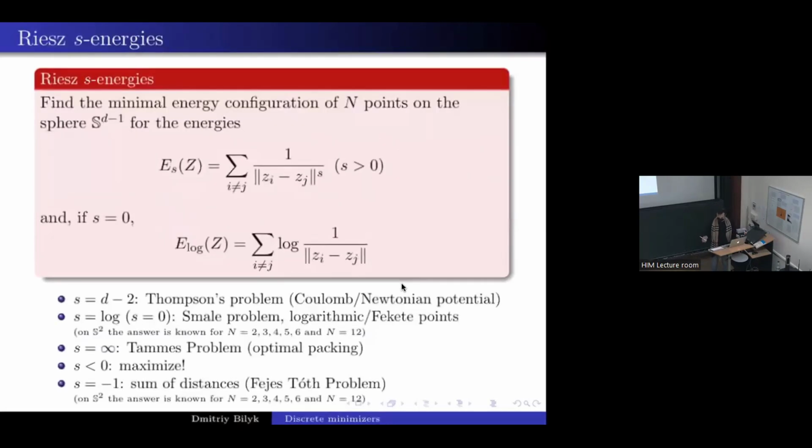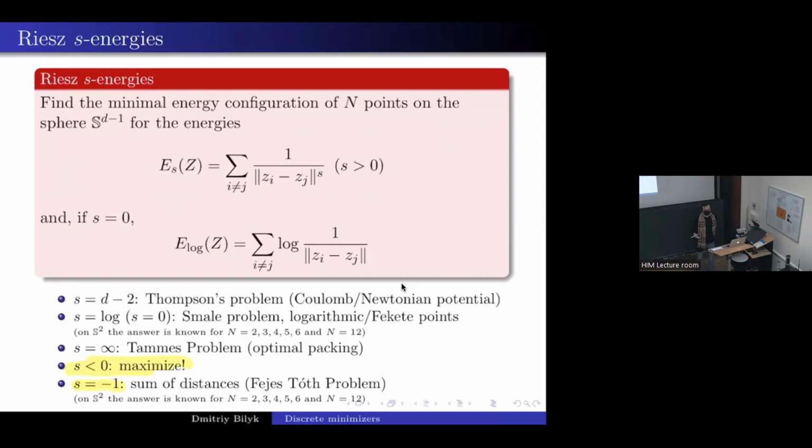More generally, you can consider Riesz energies on the spheres. This is a very broad field of study, with energies that look like this. You can also consider the case, and this will be even more interesting for me here, when s is negative, because in this case this becomes non-singular. You get positive powers of the distance, right? So there is no problem in defining the energy integral for arbitrary measures. In particular, when you take s equal to -1, you just take the sum of distances.